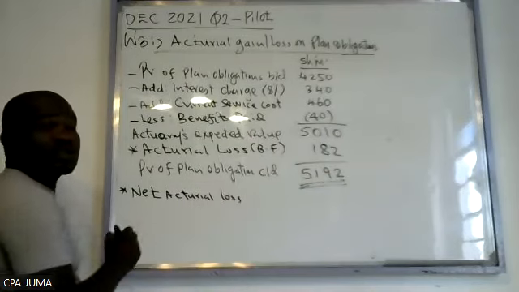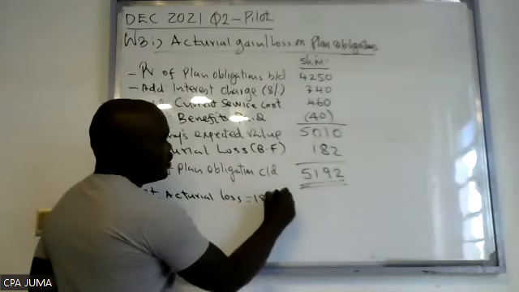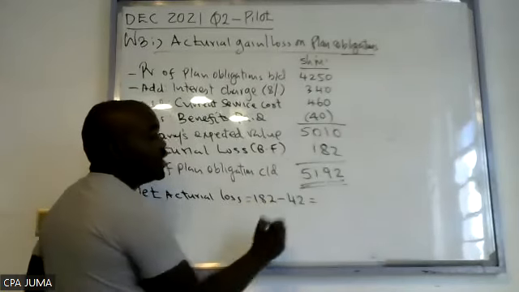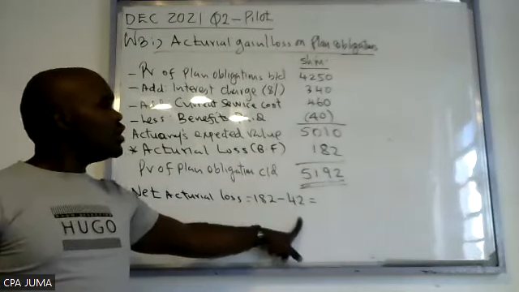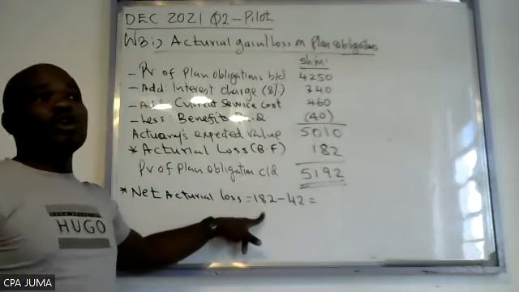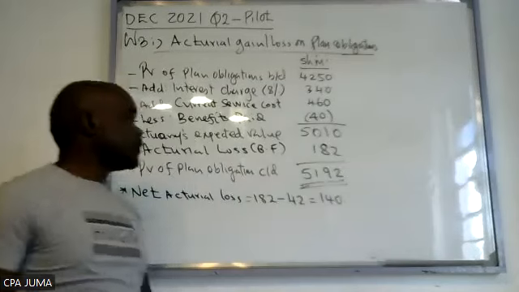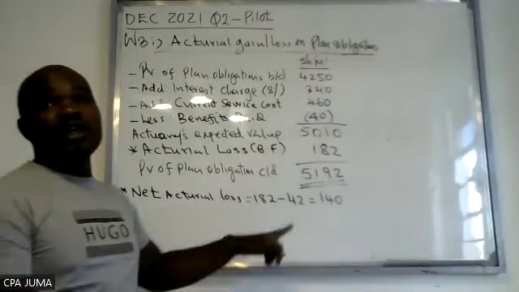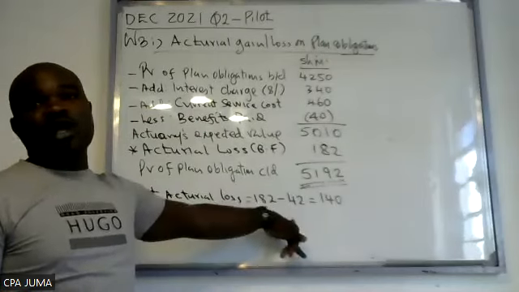loss. It will be a loss because we have lost 182. I remember we gained 42. Yes, it was 42. We gained 42 on the assets, we lost 182 on obligation. So the net loss is 140. I am subtracting the gain because this is a loss, so I am reducing the loss because I have a gain.